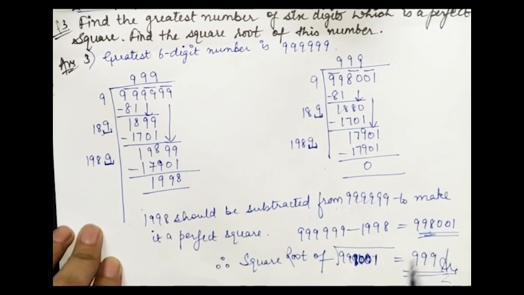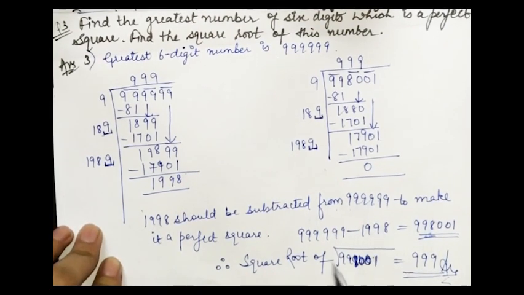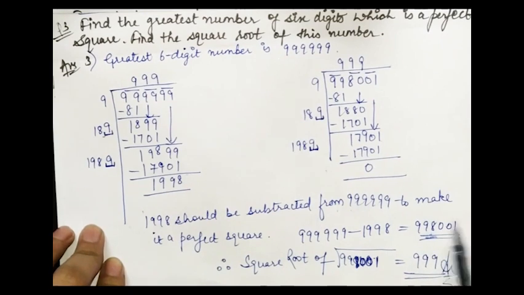So that will be 100489, means the answer will be something like that. So you have to add instead of subtracting. Then the new number came, and then you have to find the square root of that new number.